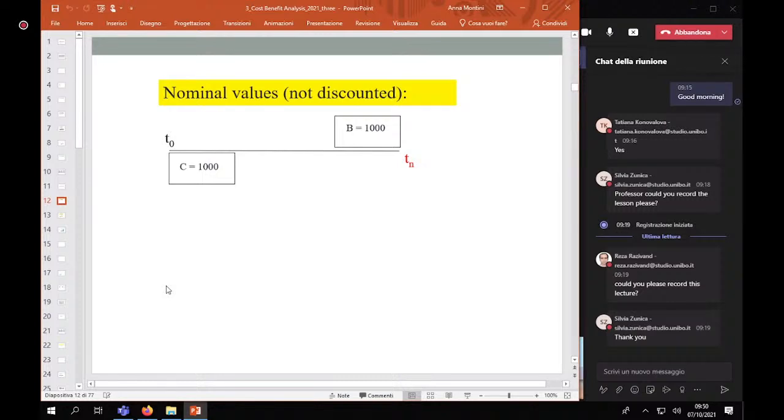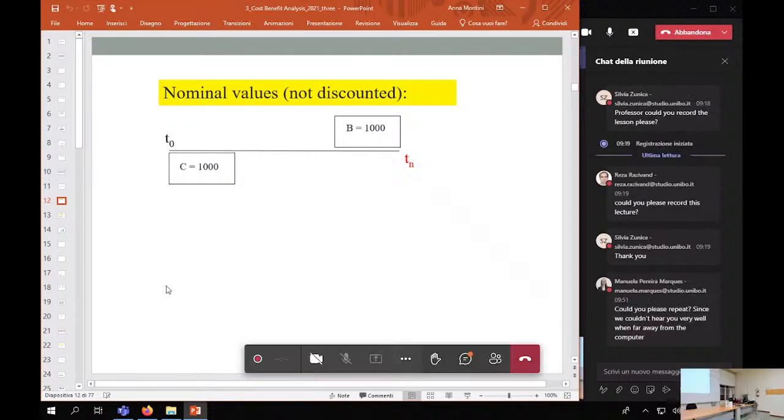It depends. In the case of cost-effectiveness analysis, I have showed you a very simple case with cost for alternative project, but for alternative project I can have also a list of costs for several years. In this case I have to consider the discounting problem even in the case of cost-effectiveness analysis.